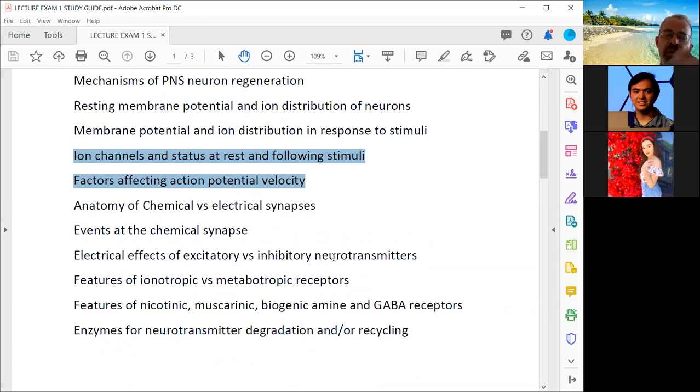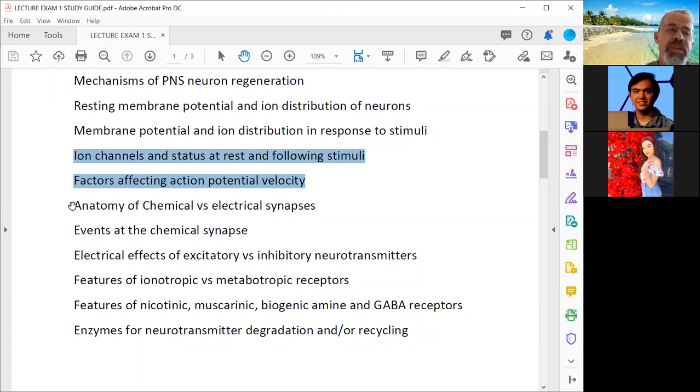So you should know the factors that contribute to that. I used a really good example when we were talking about squid axons. Remember, they're very large, much too large for them to be in us. But because they're very large diameter, low resistance, they're very fast, but they're also unmyelinated. Whereas in us, we've compensated. We can't have the large unmyelinated axon, but we can have many, many small myelinated ones.